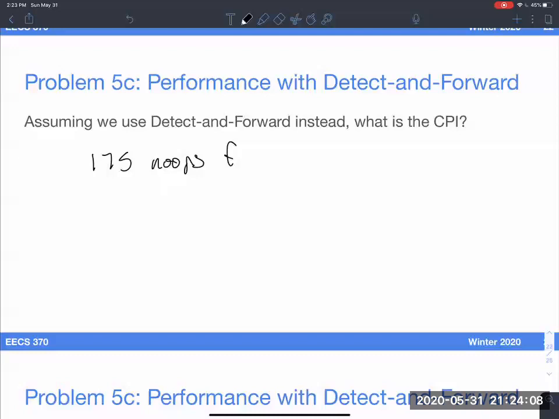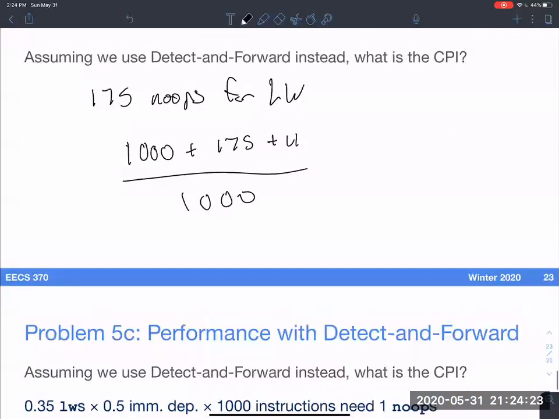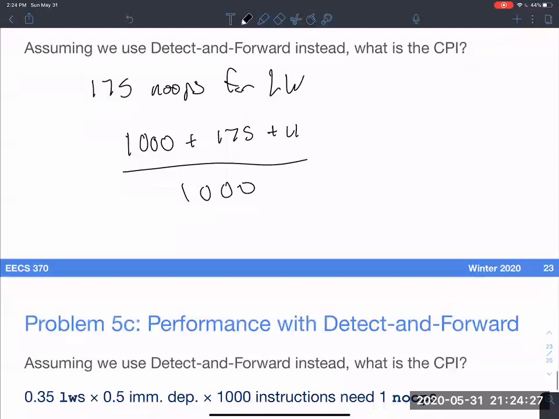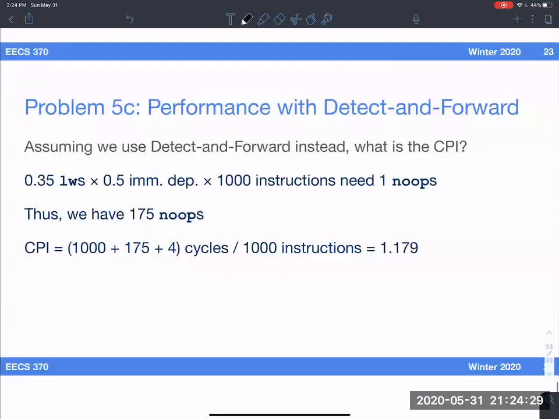And so the way we do this computation is 1,000 cycles for instructions, 175 no-ops inserted, or 175 stalls, plus 4, and then over 1,000. And we can see that this CPI is lowest, so this is probably the best performance. But as above from part A, we can't usually use CPI to make a judgment call about how fast the processor is going to go.